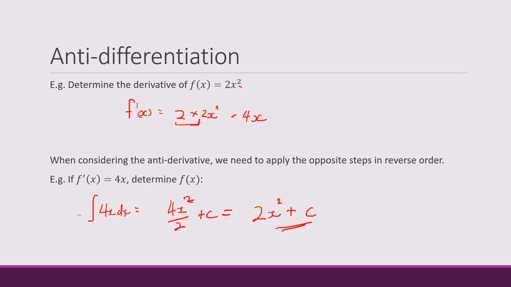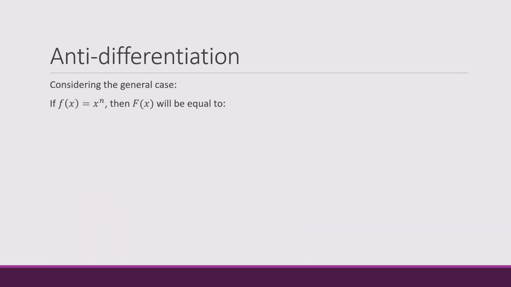And so those are our steps then for determining the antiderivative of a power. If we've got our general case, the integral of x to the n dx, remember x is the variable we're looking at, we are going to add 1 to the power.